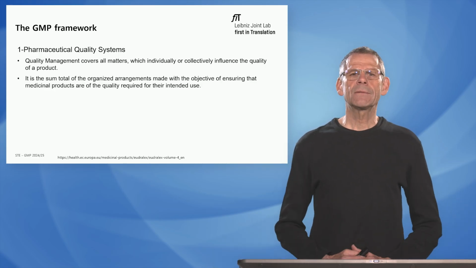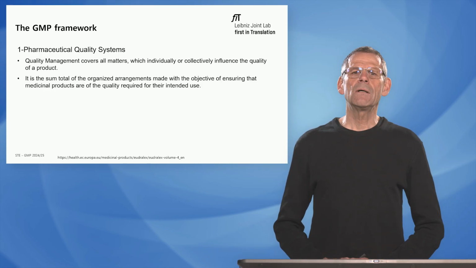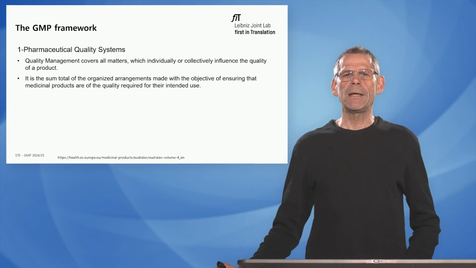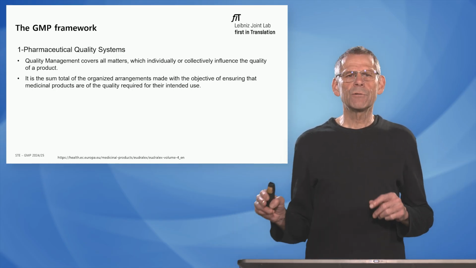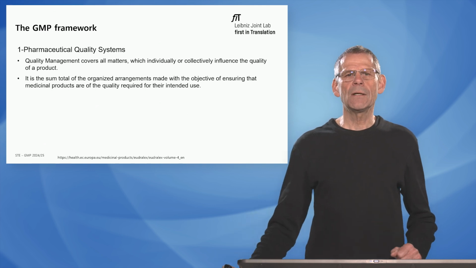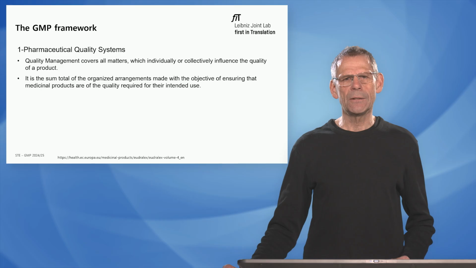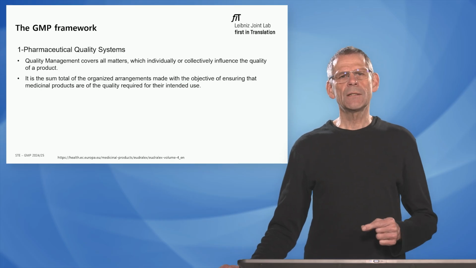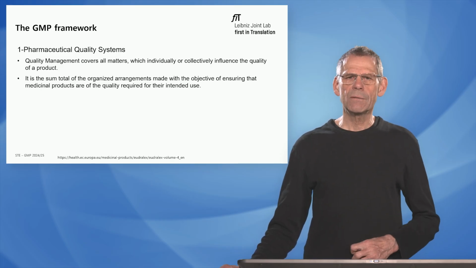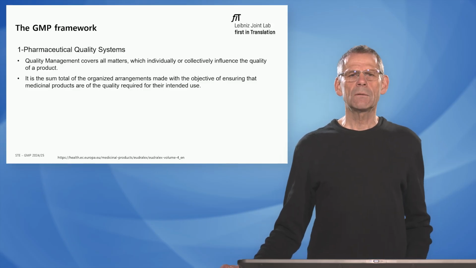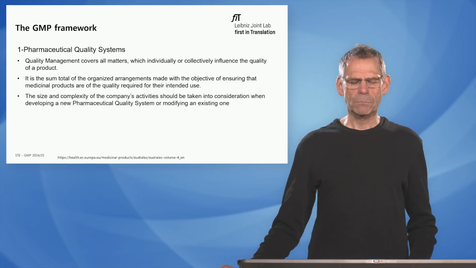It is the sum of the total organized arrangements made with the objective to ensure that the medicinal product is of the required quality for the intended use. That's the sole objective of the quality management system, that we control or monitor it throughout the process.